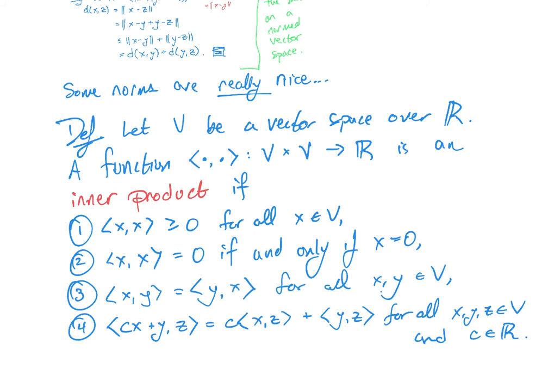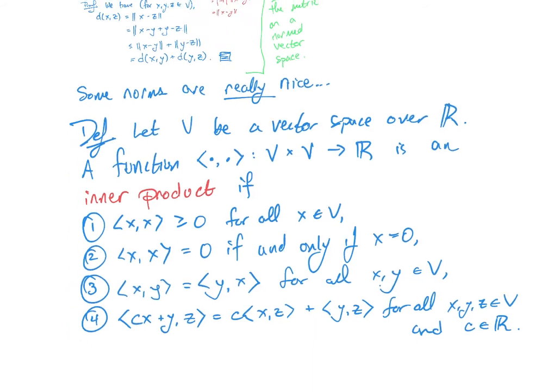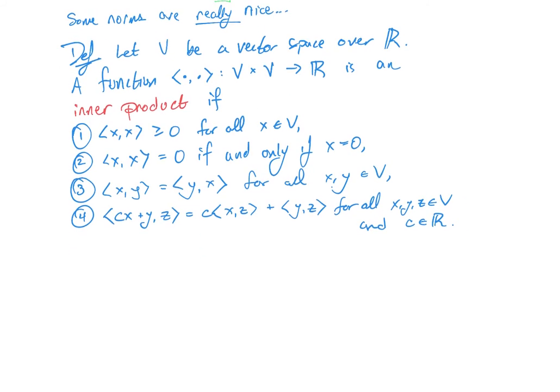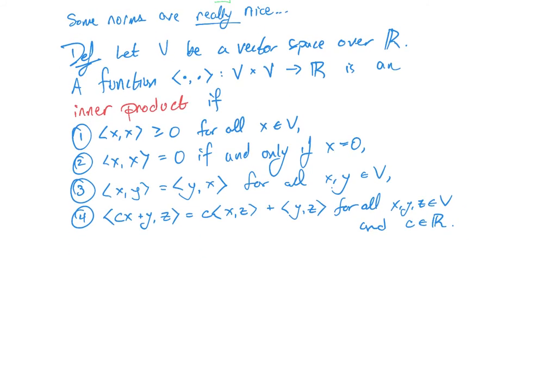Shall we, let's see, I think we are doing this backwards in the notes right now. I think the next thing we should do is show that inner products give us norms. Oh, no, actually, I think literally the next thing we should do is an example.